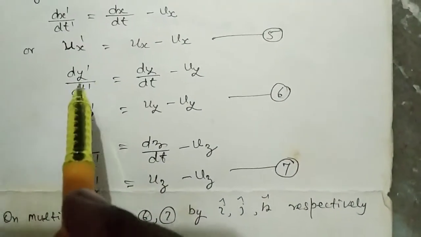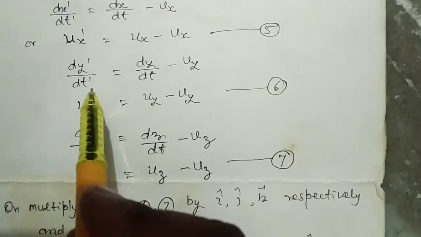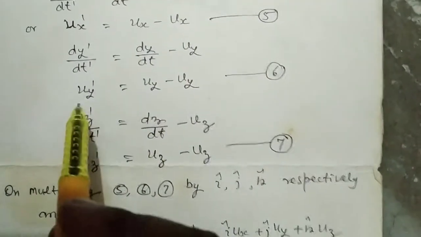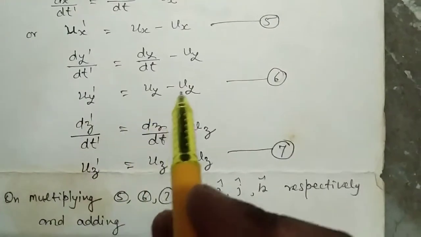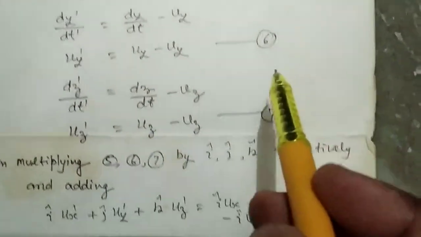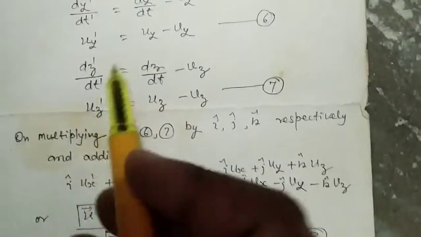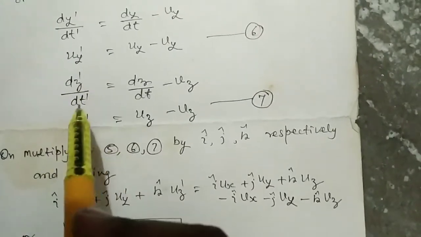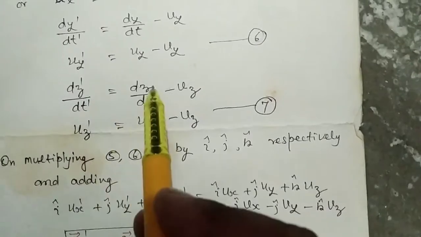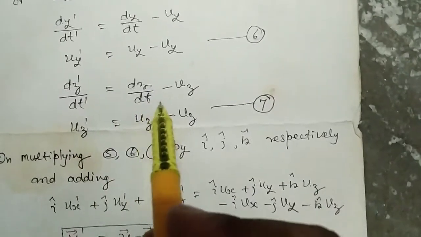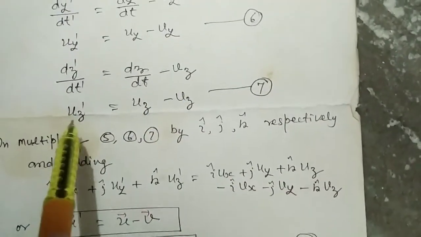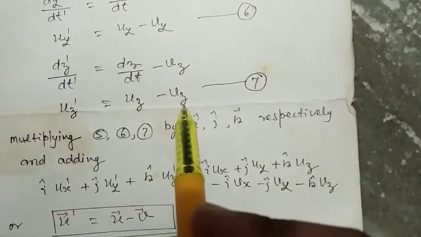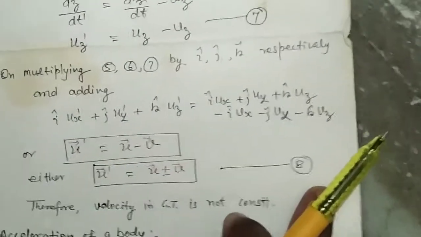Similarly, dy dash upon dt dash is equal to dy upon dt minus vy, or uy dash is equal to uy minus vy, equation number 6. Similarly, for z axis, dz dash upon dt dash is equal to dz upon dt minus vz, or uz dash is equal to uz minus vz, equation number 7.